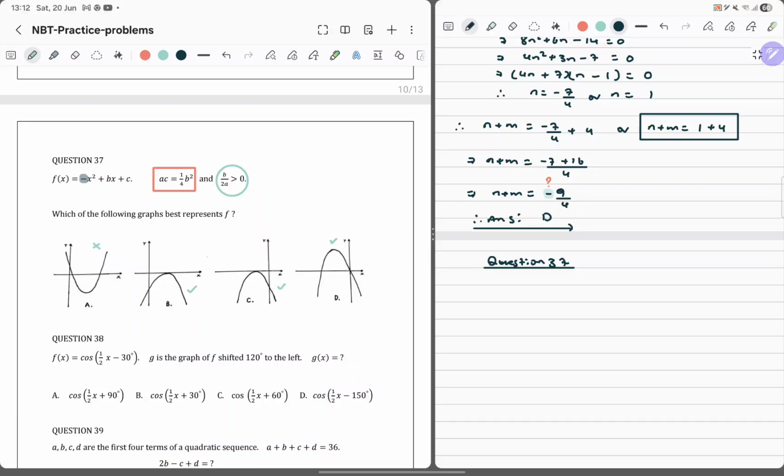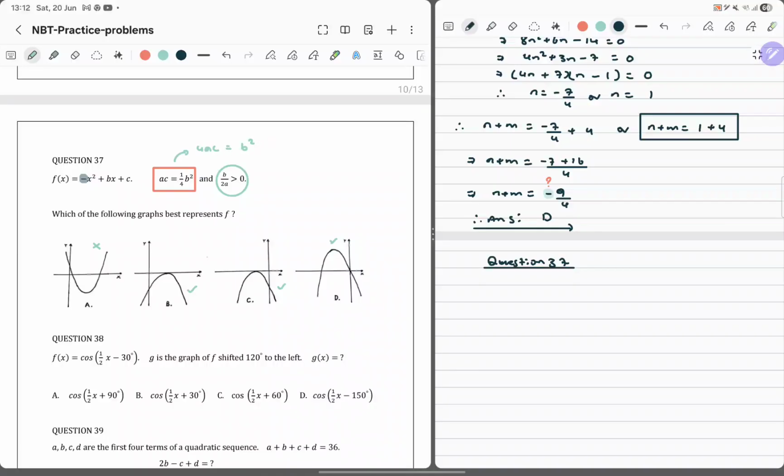Second, now I'm thinking, you see this expression, if we work it out, we cross multiply the 4, we know that 4ac is equal to b squared.